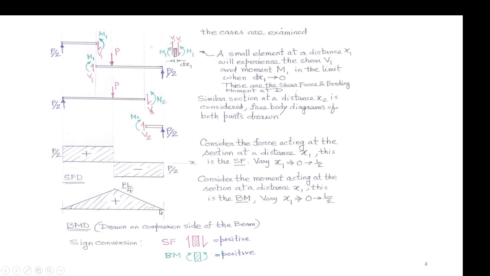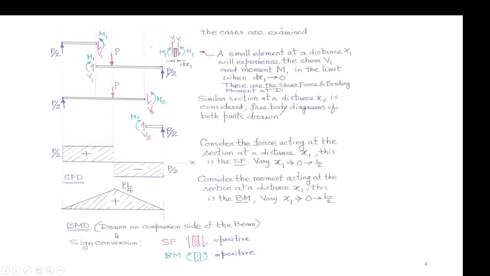Fine, it will be P by 2 into X. It will gradually be increased to PL by 4 again. So this diagram expresses the variation of bending moment along the length of the beam. And this diagram expresses the variation of the shear force along the length of the beam. This we call the shear force diagram, SFD, and bending moment diagram, BMD.